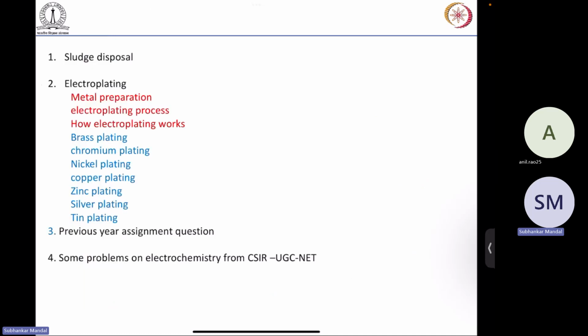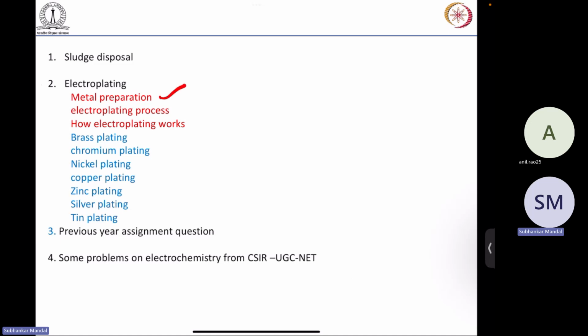So what did we discuss in the last class? Last class we discussed how to dispose of the sludge, basically the waste material produced after electroplating, and how you can handle it. In electroplating we discussed metal preparation.